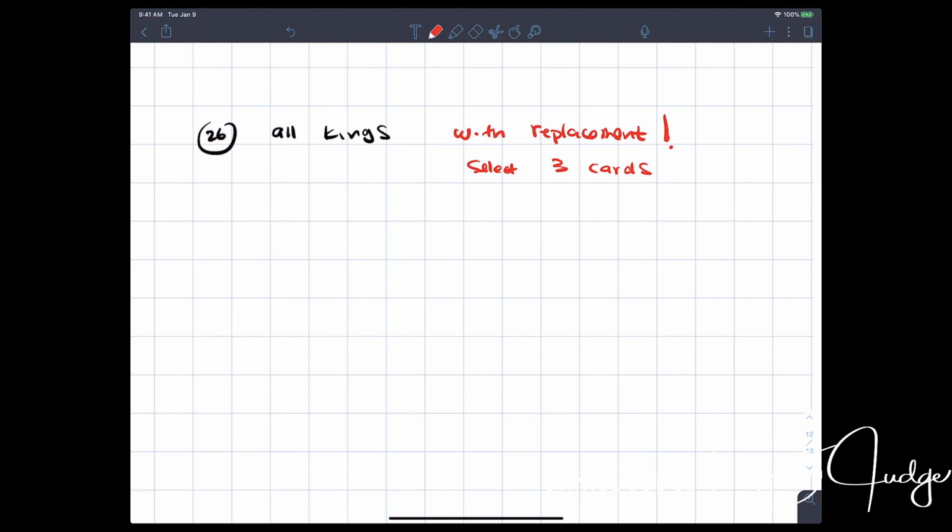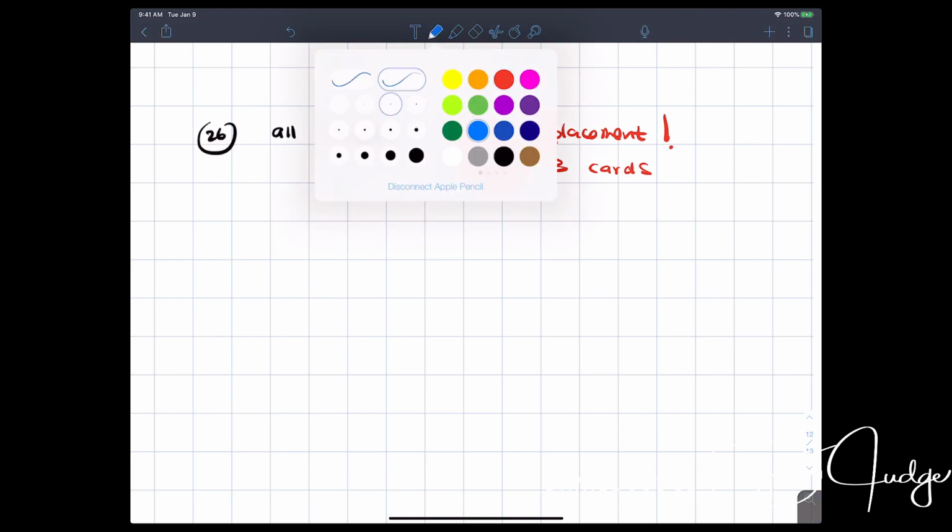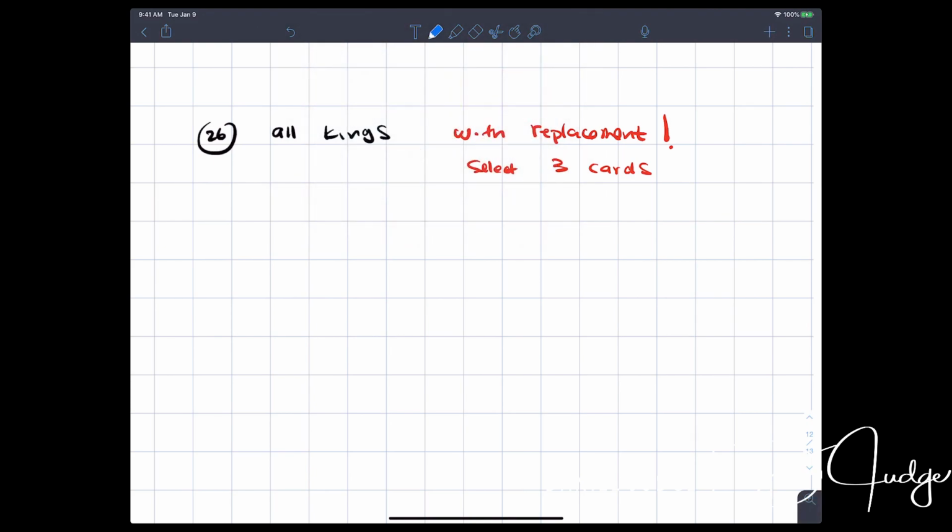Okay, selecting 3 cards with replacement. What's the chance they're all kings? Here we go. Let's write this multiplication rule down. That's the probability. If they're all kings, the first selected card is a king. Okay, and the second selected card is a king. And the third selected card is a king.